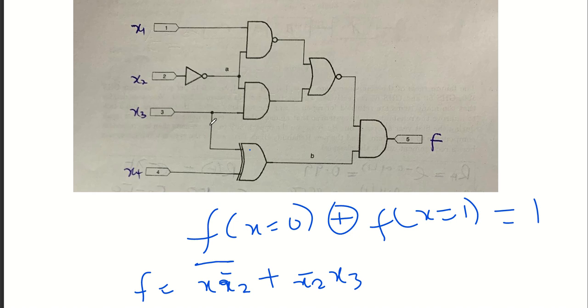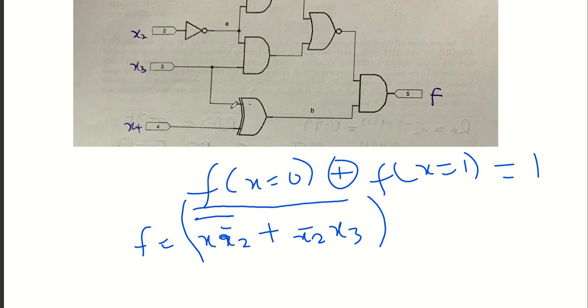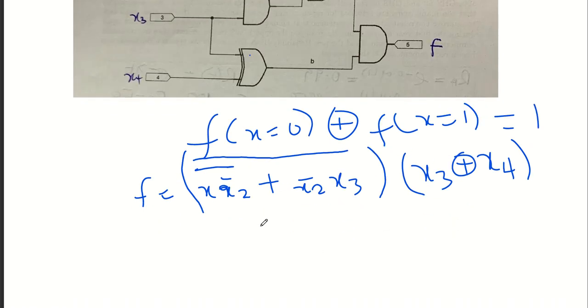Then all of this is fed into the AND gate with this XOR function, x3 XOR x4. So that's the whole function.